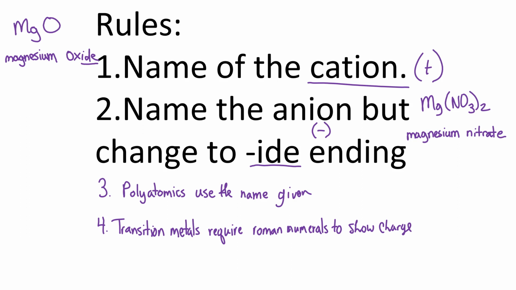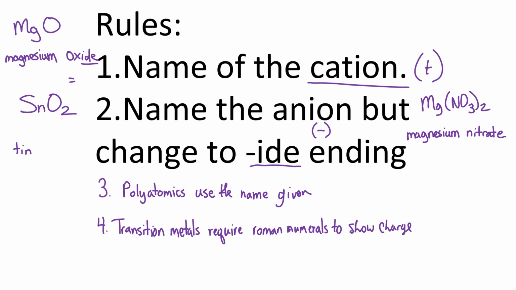So if I just give you a compound of SnO2 and I'm asking you to name this, when I look this up, what element is Sn representative of? That's one of the special ones that I asked you to memorize. It's tin. All right. Now, I don't know the charge of tin, so I have to figure it out.